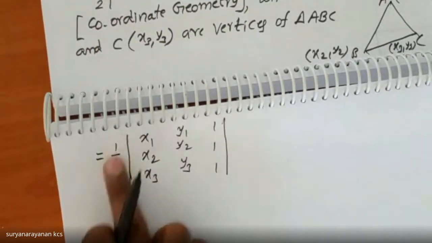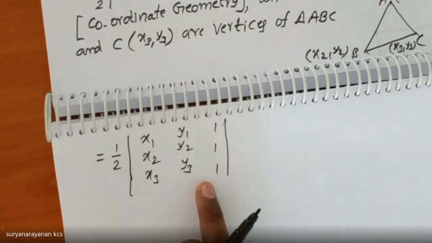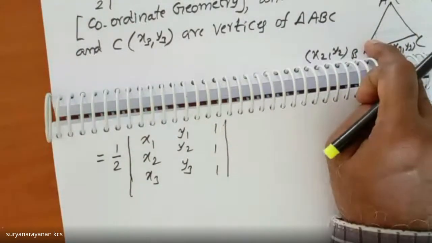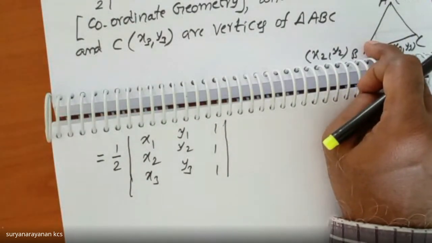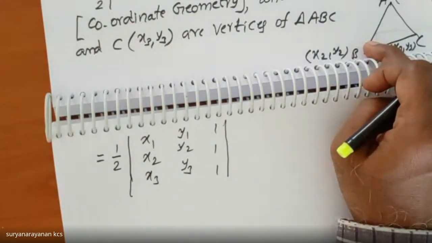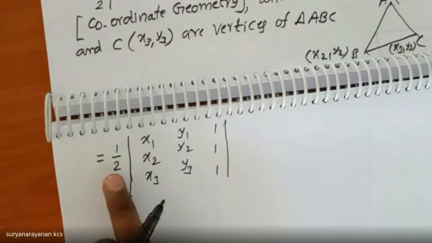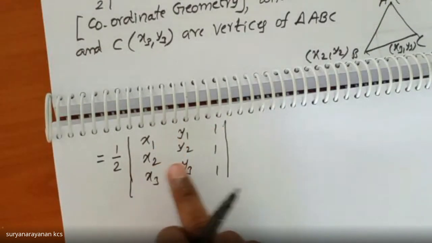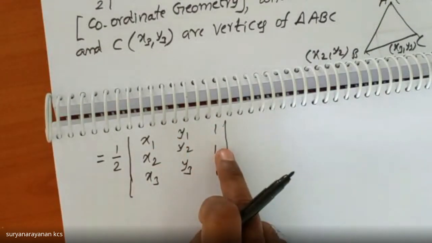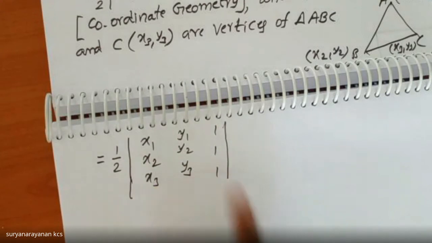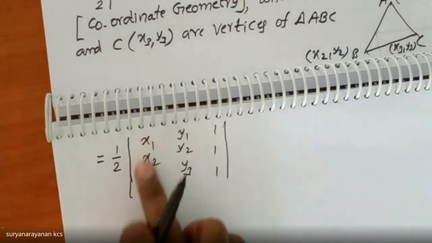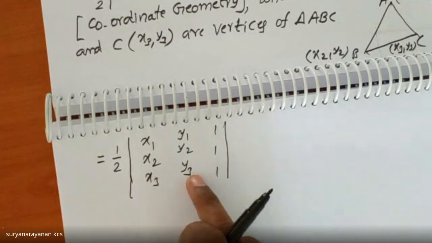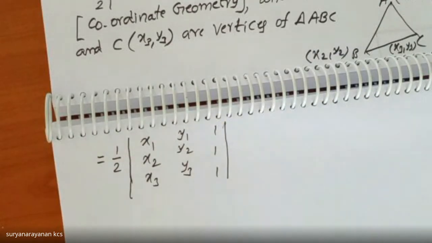By using the concepts of determinants, we can find the area of triangle ABC when the three vertices are given. 1/2 into det, first row x1 y1 1, second row x2 y2 1, third row x3 y3 1. By substituting x1 y1, x2 y2, x3 y3 in this formula, you can find the area of the triangle.